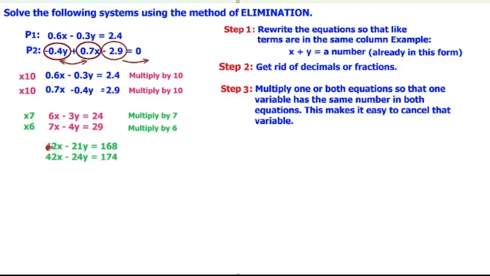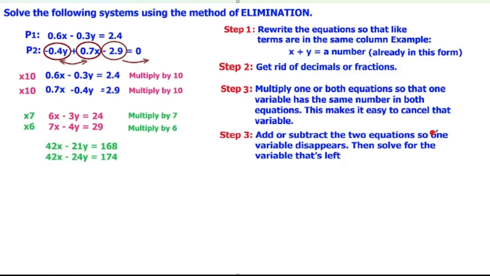So now the constants in front of the x variable are the same. So now we can add or subtract the two equations so one variable disappears. Then we can solve for the variable that's left. So if we subtract the two equations, the x's disappear. Okay, so that's what we're going to do.